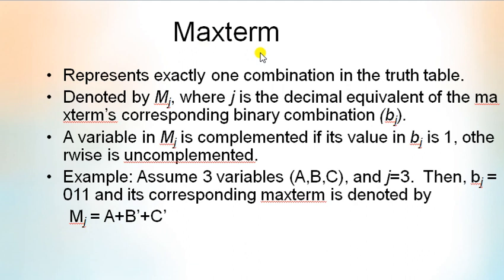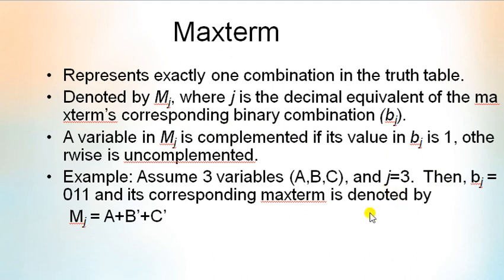Next one is the maxterm. As I told earlier, the maxterm means the sum term. It represents exactly one combination in the truth table using the operator plus, and it's denoted by capital letter Mj, where j is the decimal equivalent of the maxterm's corresponding binary combination. And a variable in Mj is complemented if its value in bj is 1.